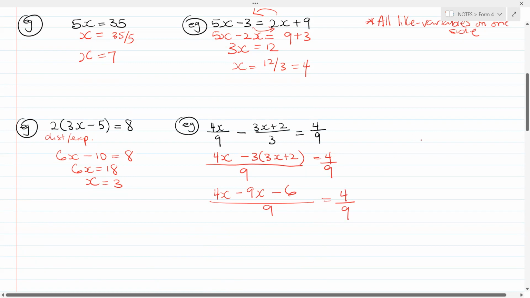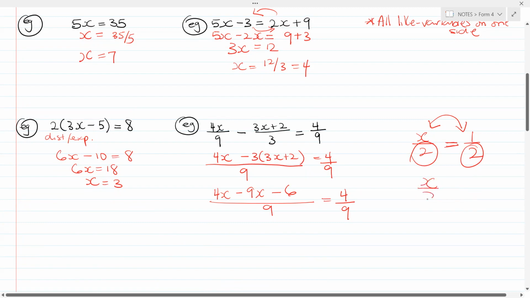So if you look at this, if I have x over 2 is equal to 1 over 2, the fact that they have the same denominators and they are equal to each other tells me that the numerators are equal to each other as well. Because x over 2 is equal to 1 over 2, if I put 2 over 2 is equal to 1 over 2, I know that this is incorrect because they are not equal to each other.